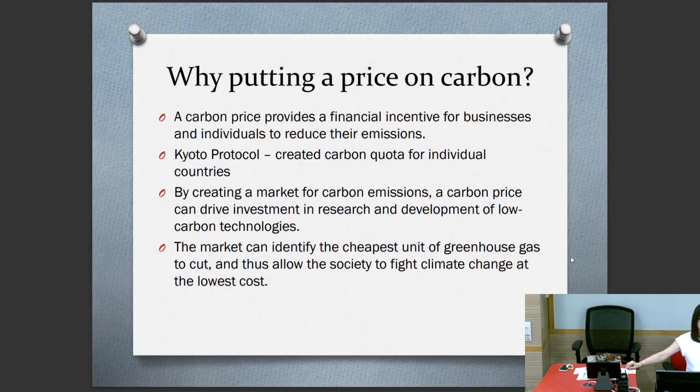Only if there is a price on carbon, meaning the more you emit, the more you need to pay, or if you can reduce emissions, you can sell it for money. Only if there is a financial incentive will people invest in green technology, only when there are benefits. So the market can identify the cheapest unit of greenhouse gas to cut and therefore allow society to fight climate change at the lowest cost.